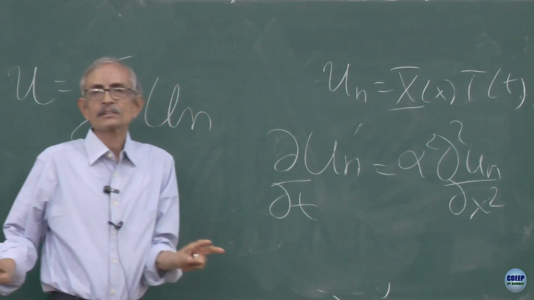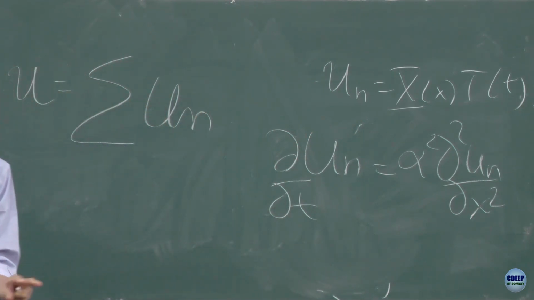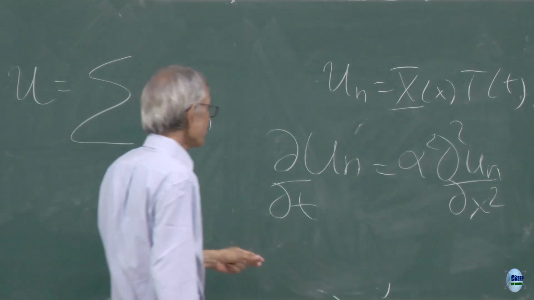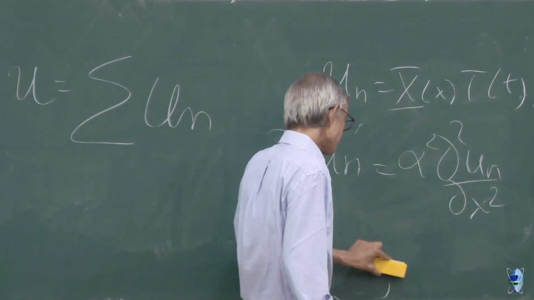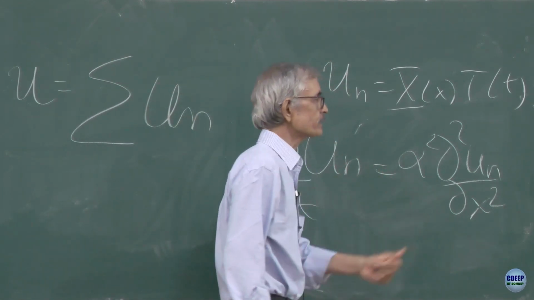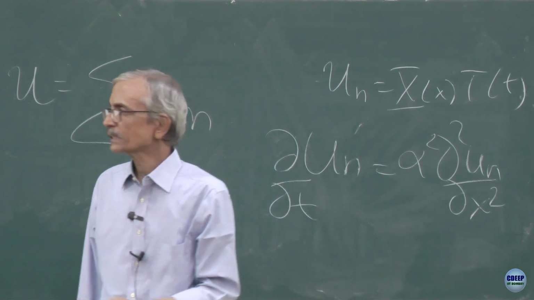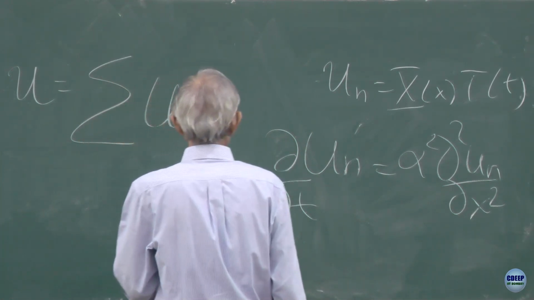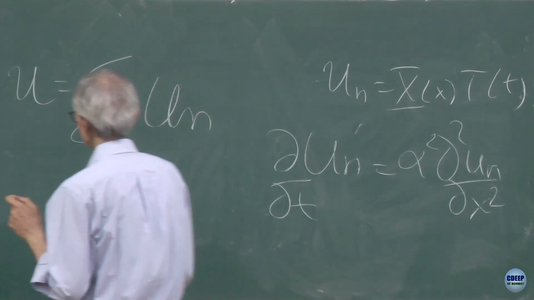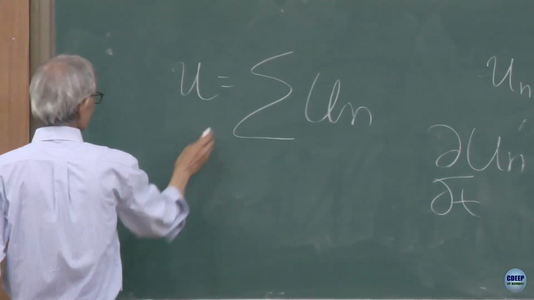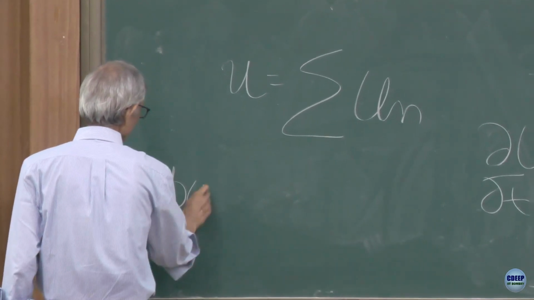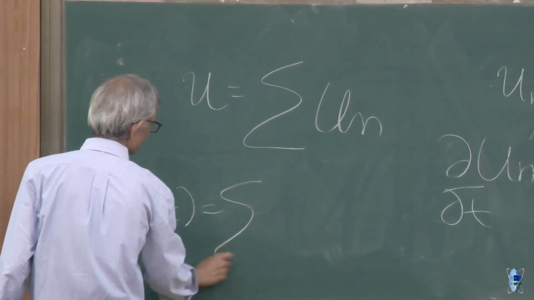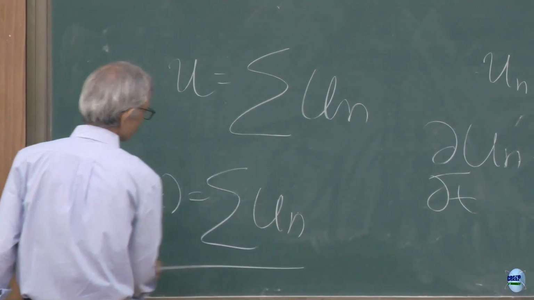The last condition, let me just leave it alone. I'm not going to do anything with it, and I'm going to get my solution for all these UNs, and the eigenvalues are known to me. At the end of the day, this condition tells me that P of x is equal to the summation of all the U's.